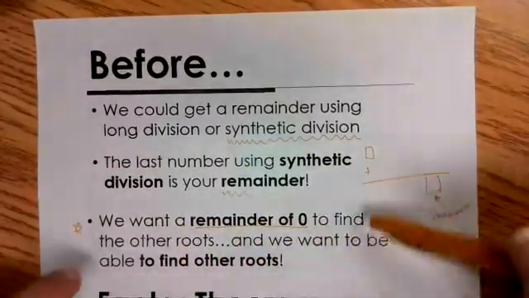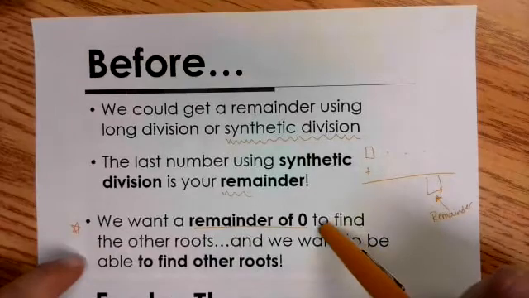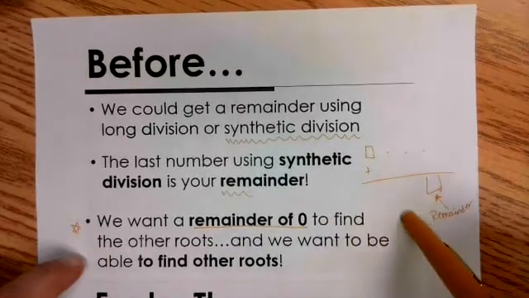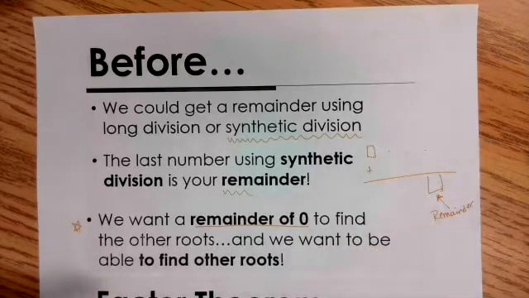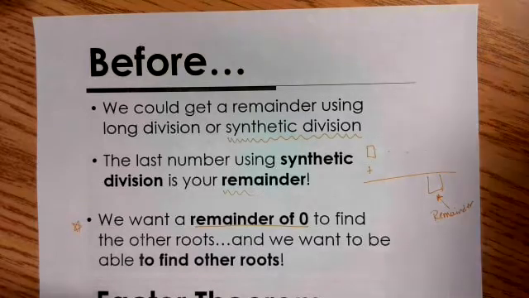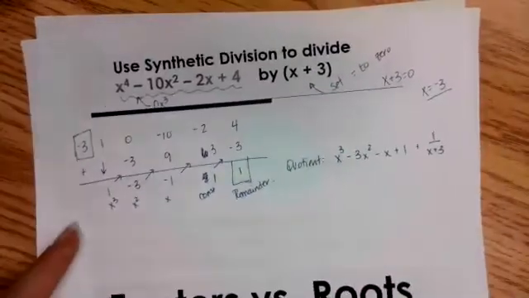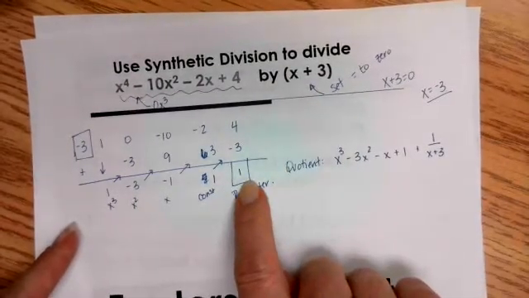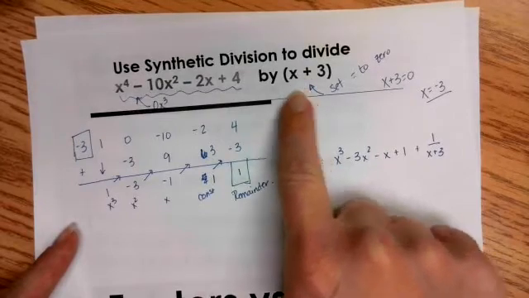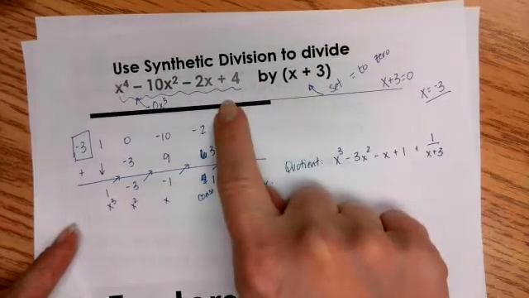So if I have a remainder of 0, that means that the polynomial or the factor goes in evenly or can be divided by. So we don't want a remainder other than 0. If I go back to this problem here, x plus 3 had a remainder, which meant that it's not a factor. This doesn't go in nicely into this using division, right?